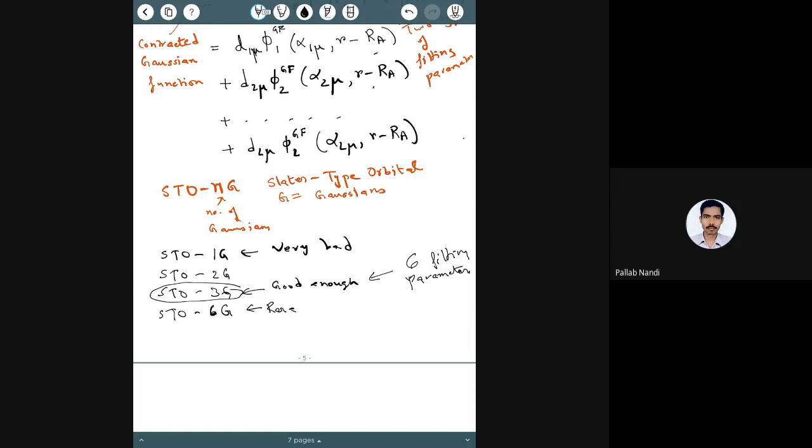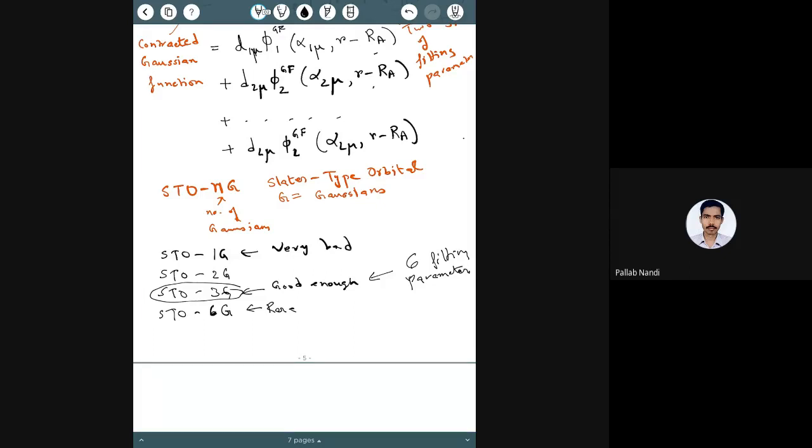And these fitting parameters are predetermined for every atom type. So an STO3G basis set for a hydrogen atom will have 6 numbers, 3 of which are the combining coefficients and 3 of which are the exponents. And similarly, for let's say a lithium atom, you will also have 6 parameters, but the values will be different.